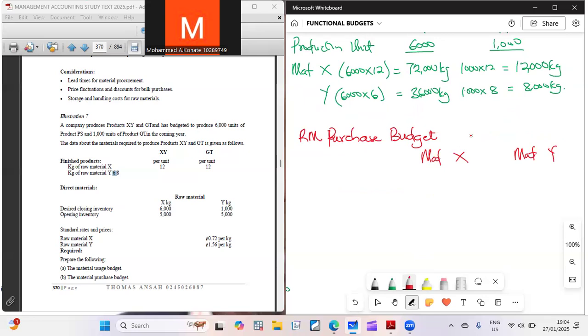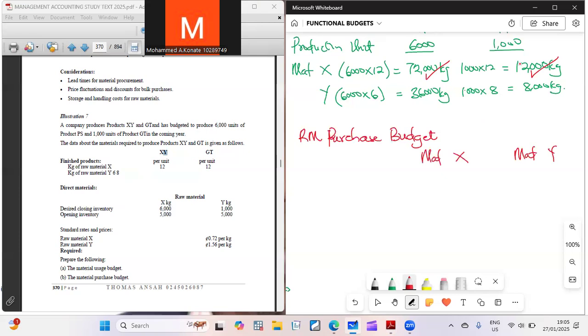Now, we know that to produce XY, we need 72 of X, and we will need 12,000 for GT. So that is what we know.